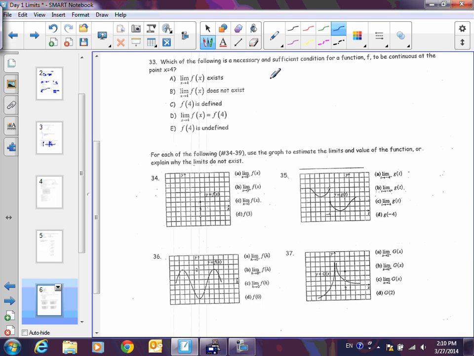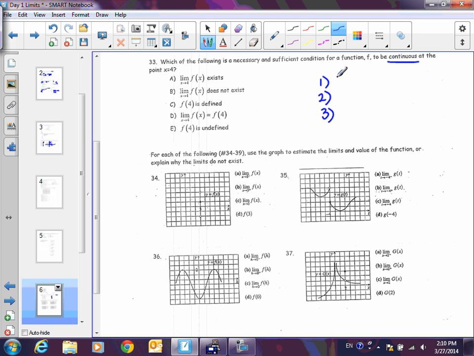Which of the following is a necessary and sufficient condition for a function f to be continuous at the point x equals 4? If you look at this, it doesn't say anything about holes, asymptotes, cusps. This looks very formal. So we need to remember our definition of continuity, the formal calculus definition. I'm going to give you a hint: there are 3 conditions.